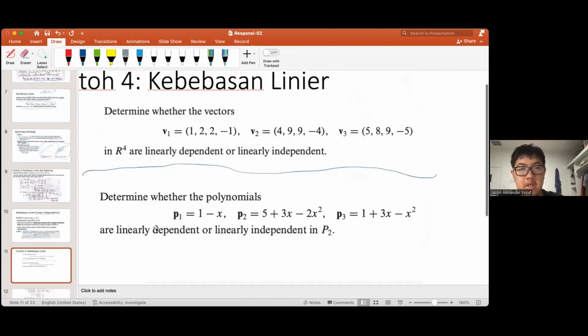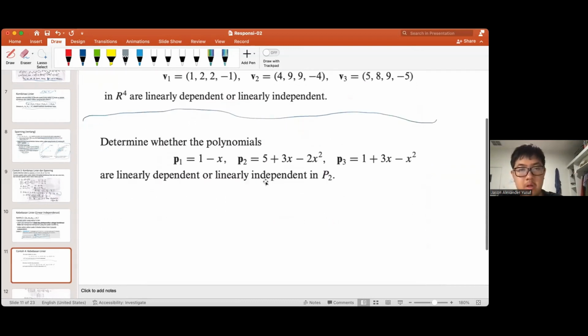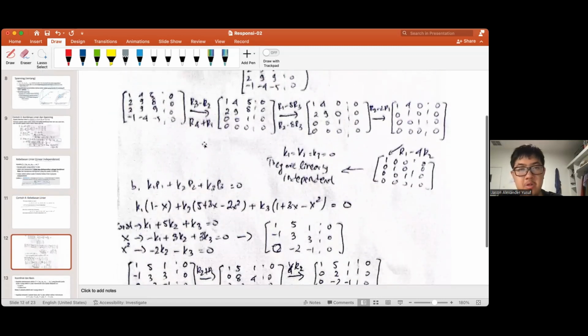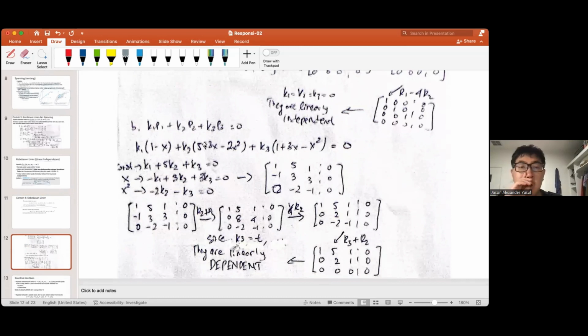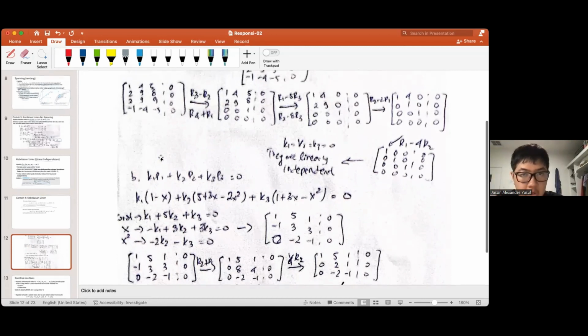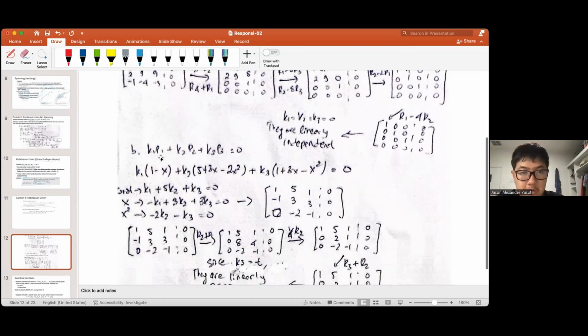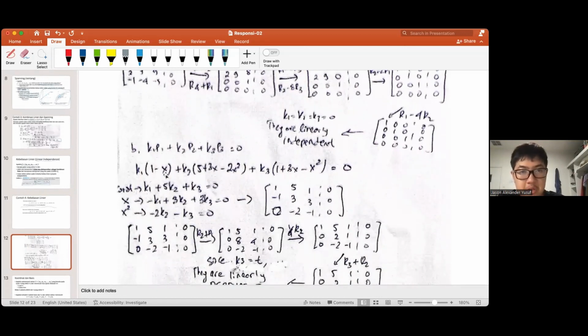If we look at the second case to determine whether the polynomials are linearly dependent or independent of each other, we do the exact same procedure as the previous one. Although, pay attention, the way you treat polynomials, matrices, and vectors is completely different, okay? So make sure you are careful. For polynomials, first you make it into this form as usual.